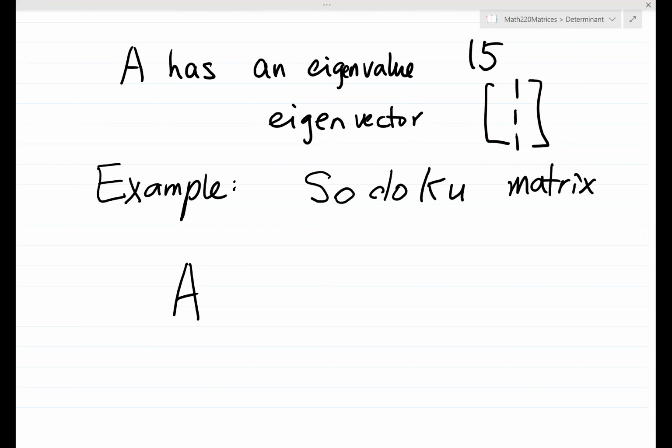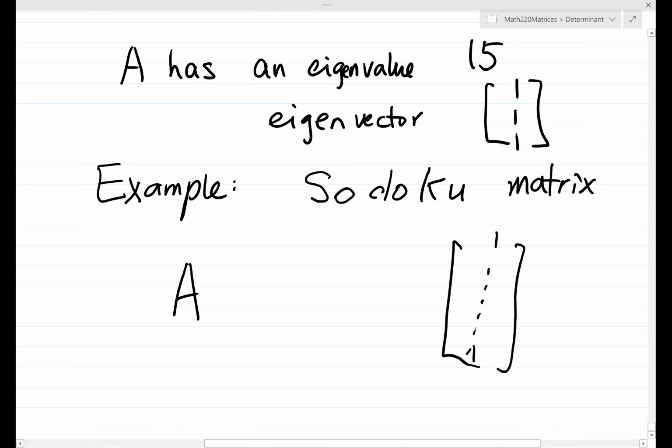Then you have something like the magic square. You can view this as a large magic square. Then it has eigenvector 1, 1, 1, all the way, exactly 9 ones.